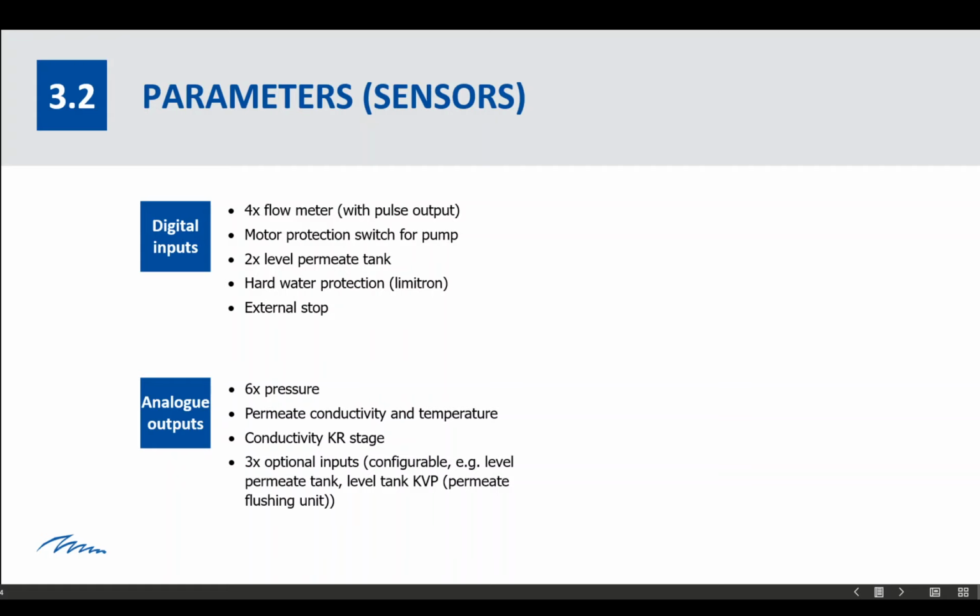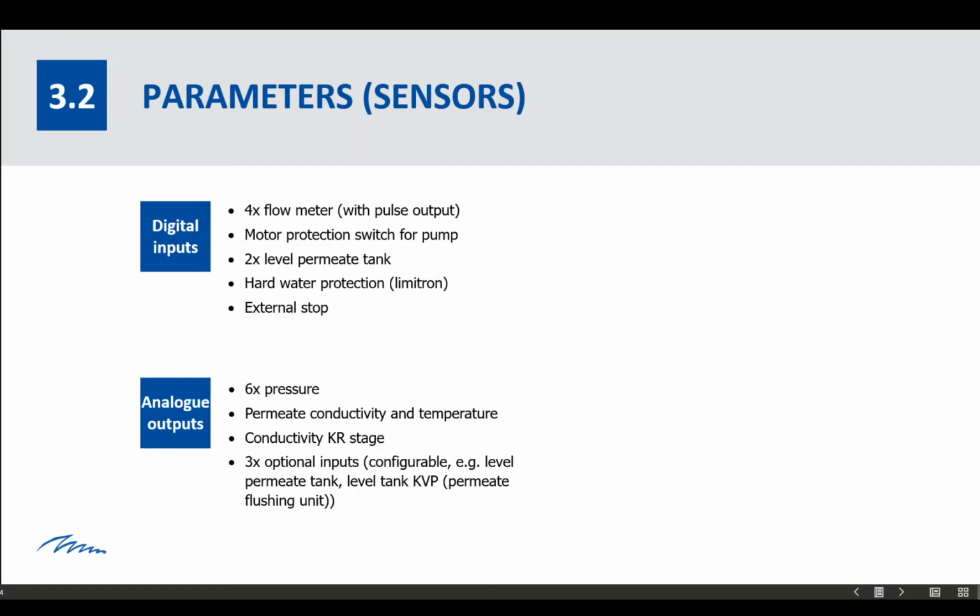All right, so what's new for the sensors? We have the digital inputs with 4 flow meters with a pulse output. So this is also something new with the Siemens PLC. We have pulse outputs and not an electrical signal. Furthermore, we have the motor protection switch for the pump like we had before.